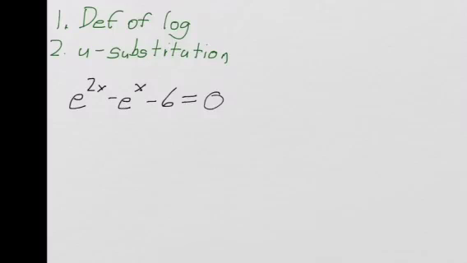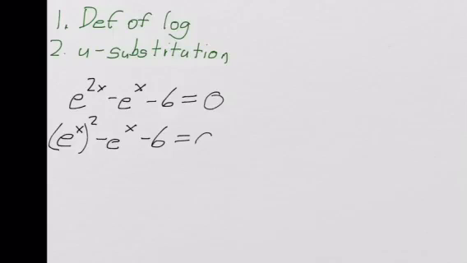What we're going to need to do here first is note that e to the 2x is the same thing as e to the x squared. Once we've done that, we can let u equal e to the x. So we now have u squared minus u minus 6 equals 0.